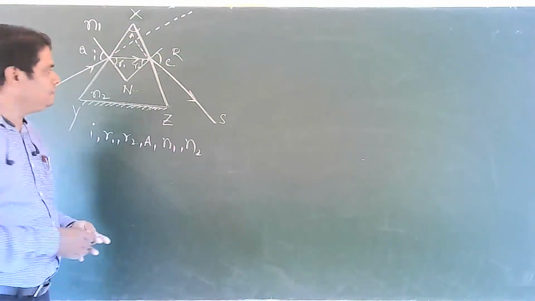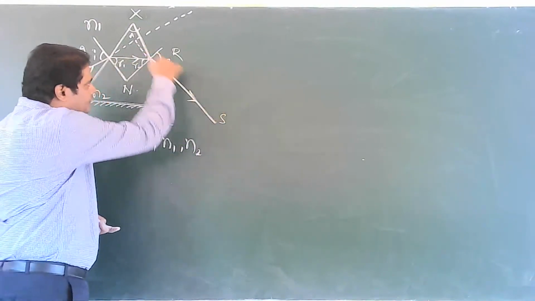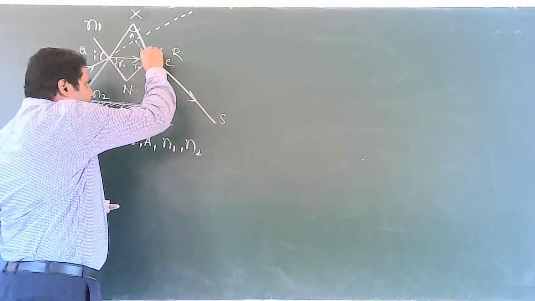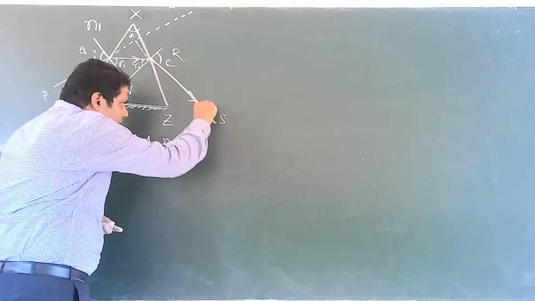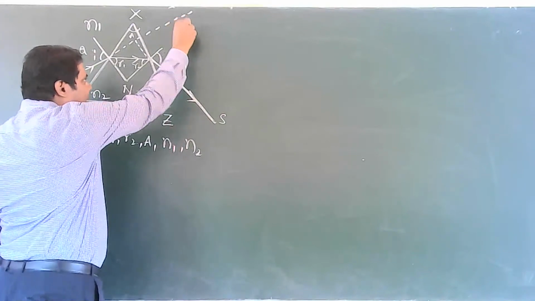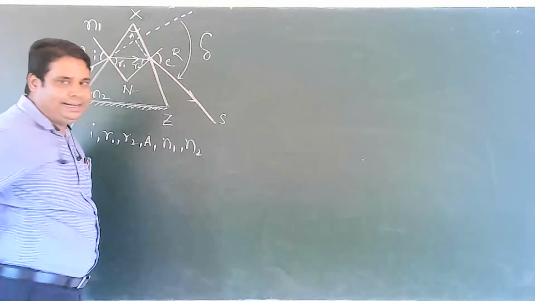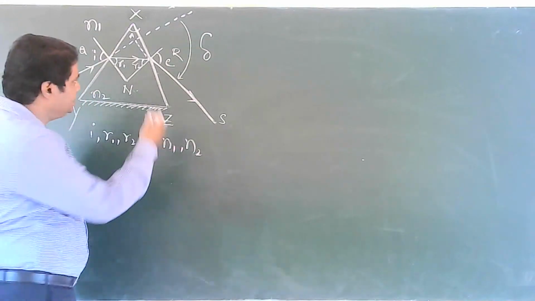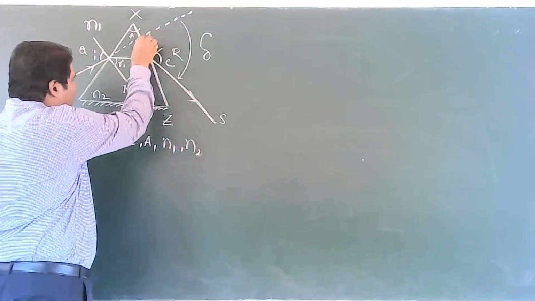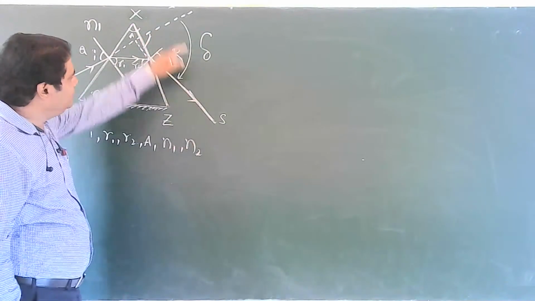But due to the presence of this prism, this incident ray is refracted and emerges along RS. We observe this much deviation produced. Let me represent deviation by delta. If it seems to be quite big, you can write it here also, no problem.